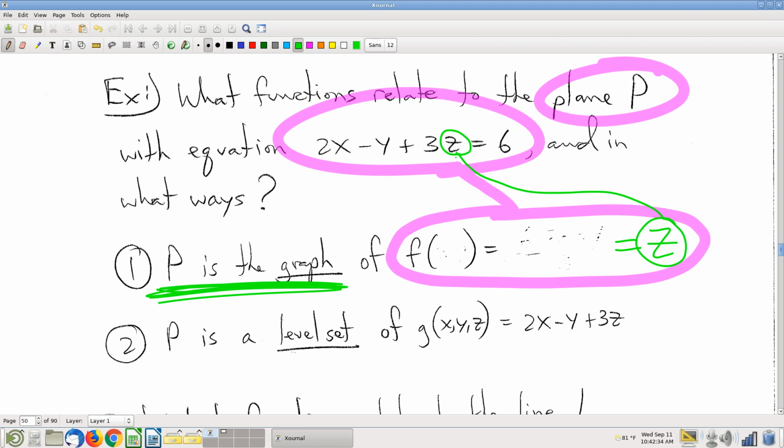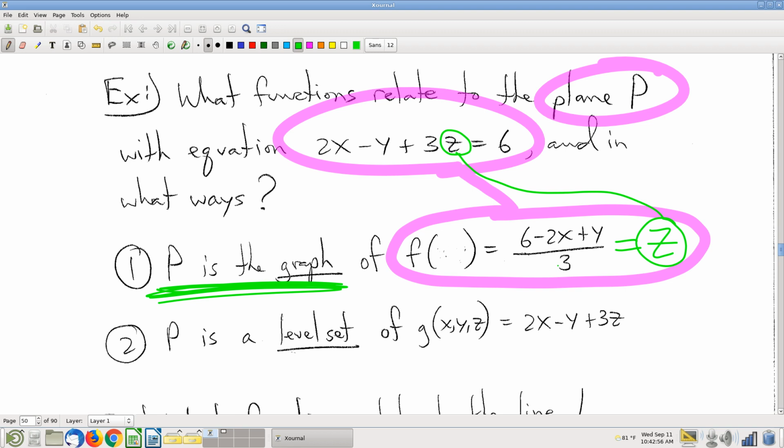Said differently, the way to figure out what function gives me that plane when I set it equal to z is to just solve for z in the equation of that plane. That's easy algebra. You get this.